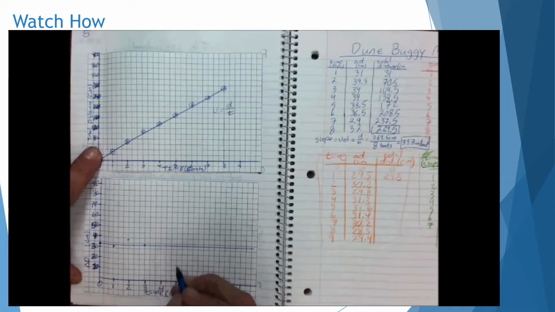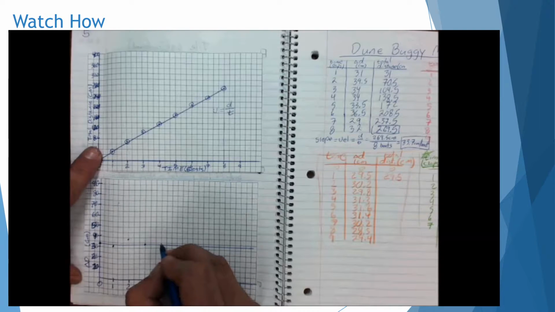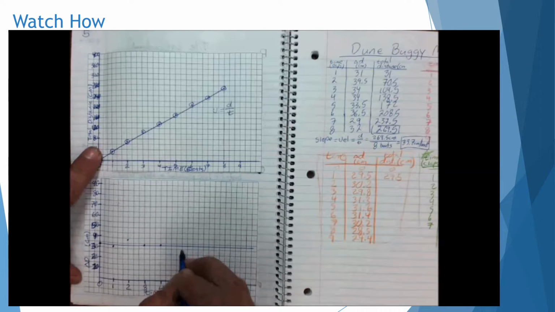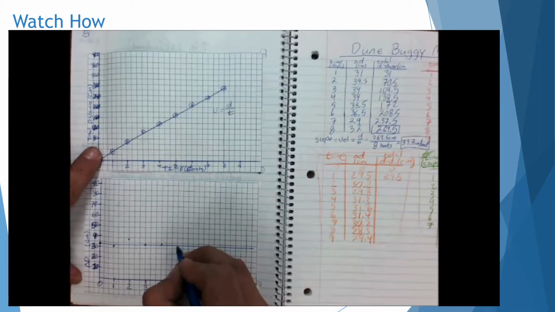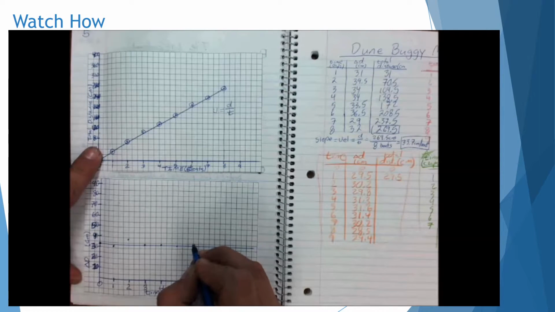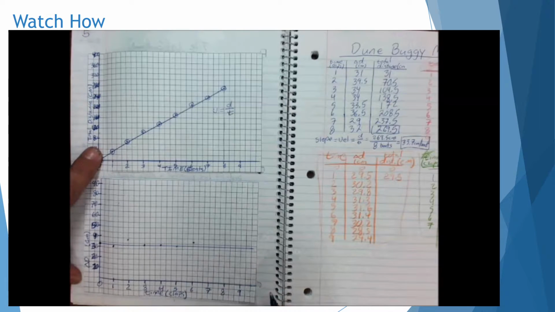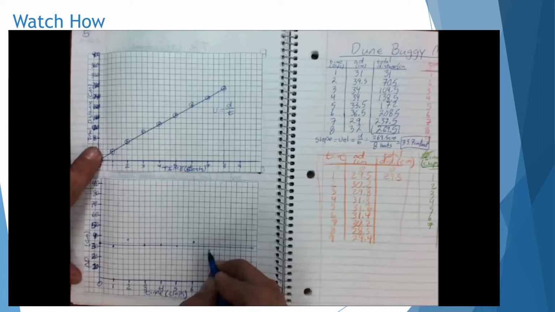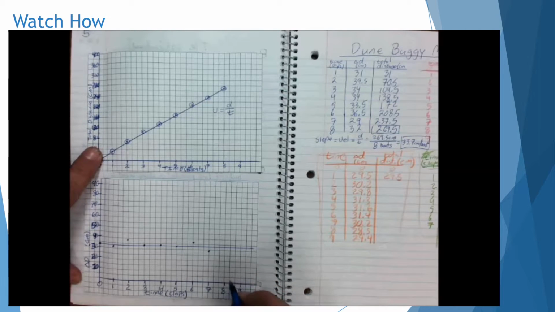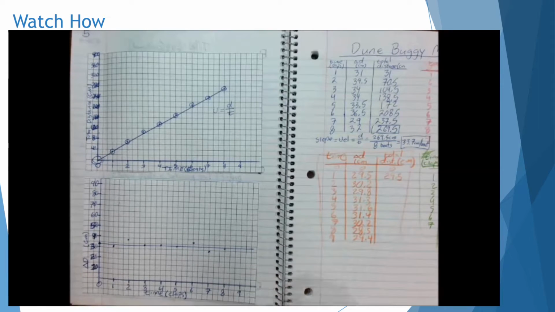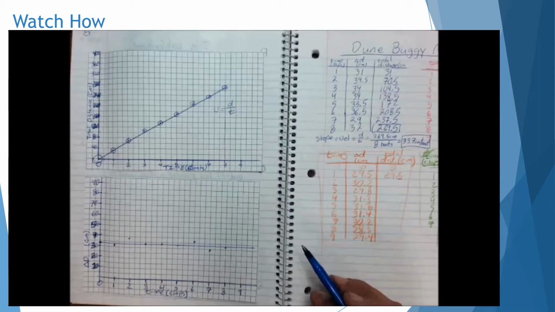It's actually almost right on the line. 34 again, almost right on the line. 33.5, again very close to the line, just a tiny bit under. 36.5 is just above 35, so maybe right over here. 29 is very low, well under the line, and the last one, 32, is very close to being on the line, but just under the line right there. So this is my last data point in this set.